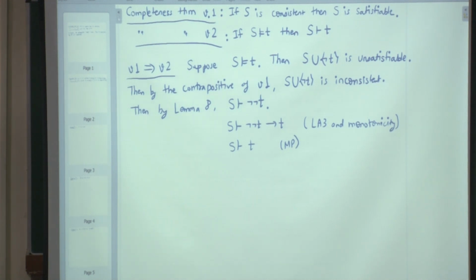Version 2 implies version 1 now. You have got all the tools, you just have to write a couple of lines. I have done the harder part of proving the completeness theorem. Now you just have to play around. We want to show: if S is consistent then S is satisfiable.